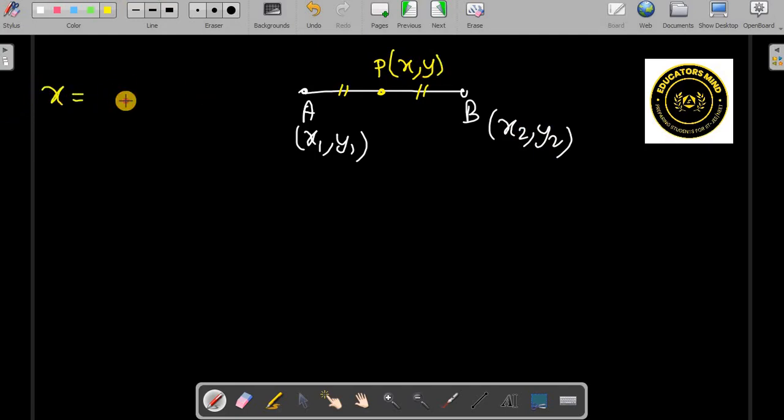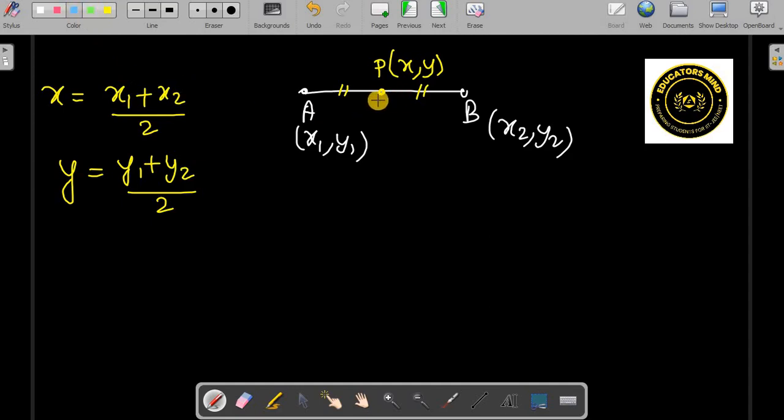X will be (x1 + x2) / 2, y will be (y1 + y2) / 2. P is nothing but the midpoint.